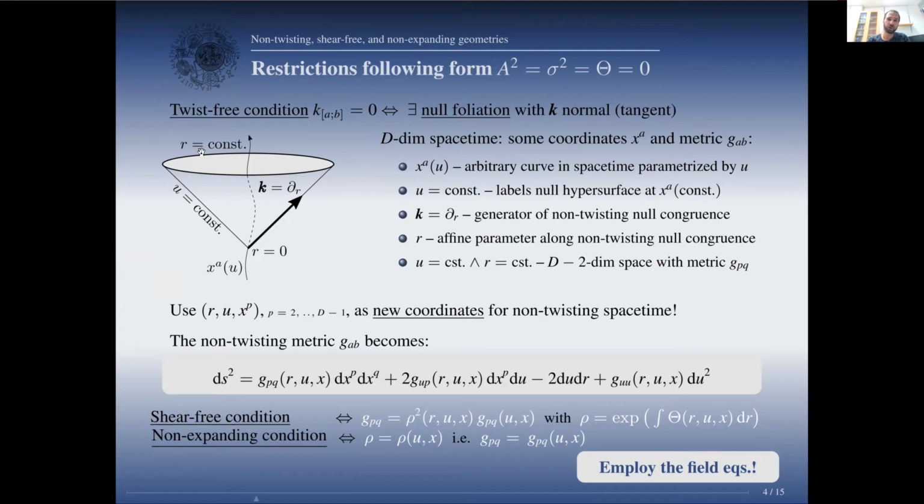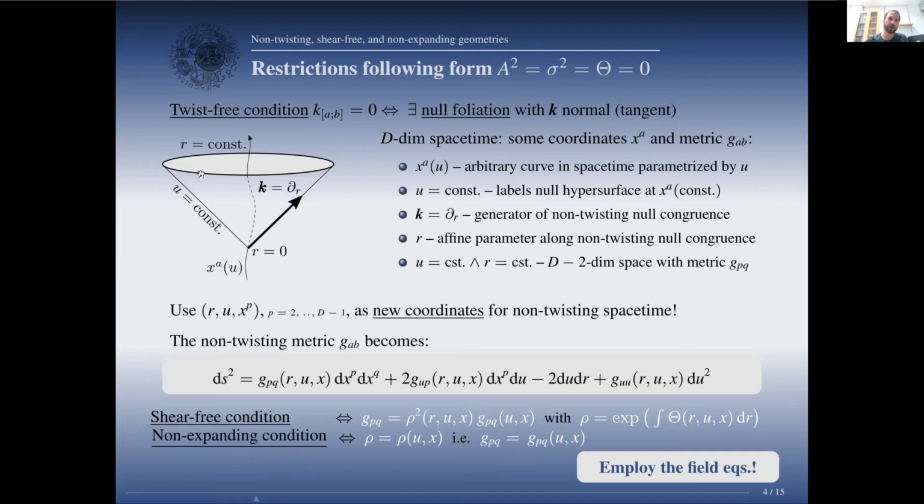of a null foliation, where the null vector field of this congruence is normal or tangent, because it's a null vector field, to the null surfaces of this foliation. And it very naturally introduces coordinates on this manifold.